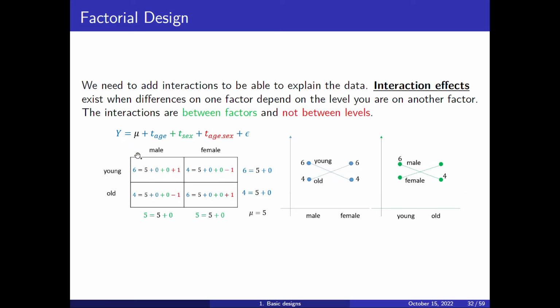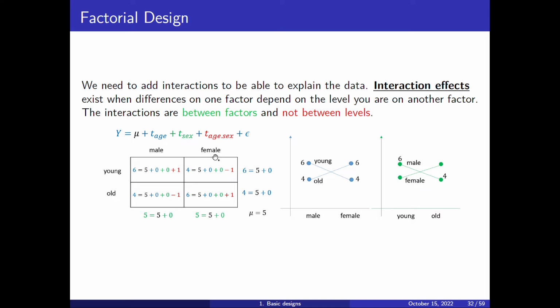So the extra 1 is the contribution of the interaction of this group. So young males contribute with +1, and the same here. For females, I was able to explain up to 5, but then the difference between 5 and 4, what I observed, this -1, is the contribution of the interaction for young females.